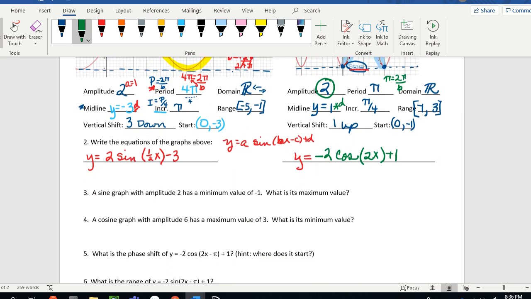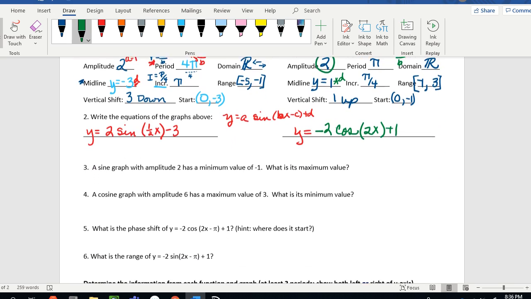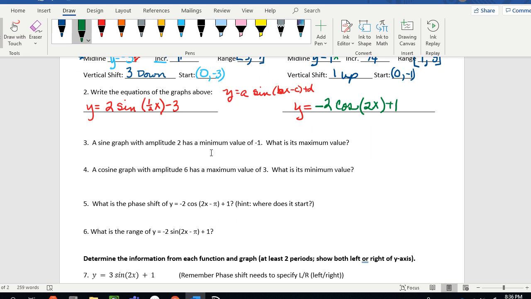So going on down the page. Now, a sine graph with an amplitude of 2 has a minimum of -1. What is the max? Okay, so think about this. If you have a sine graph, or cosine, by the way, and the amplitude is 2 with a minimum value of -1, let's see what that means. You have -1 here. This is 0, but an amplitude means it's to the midline.